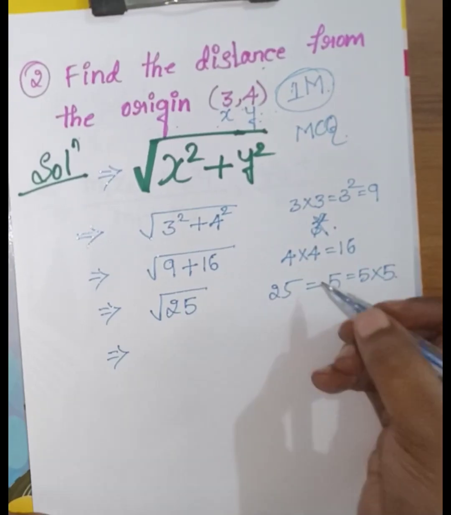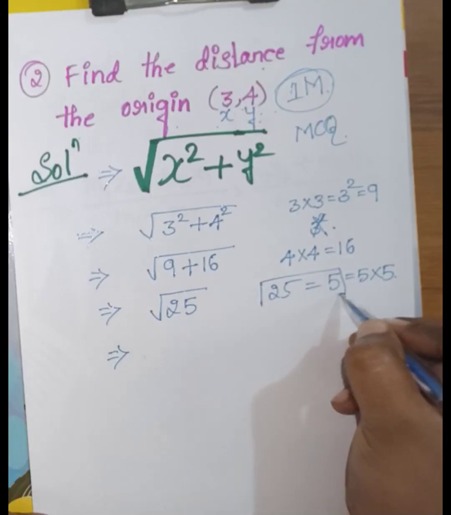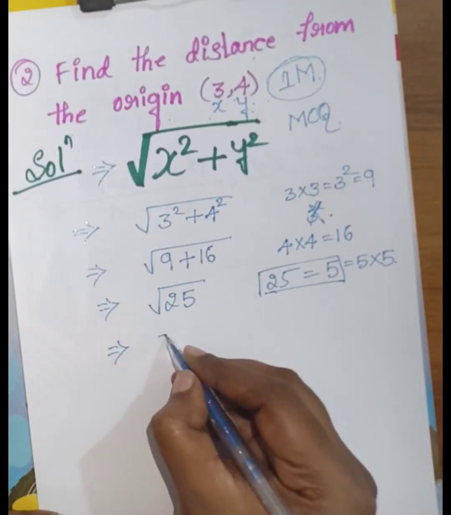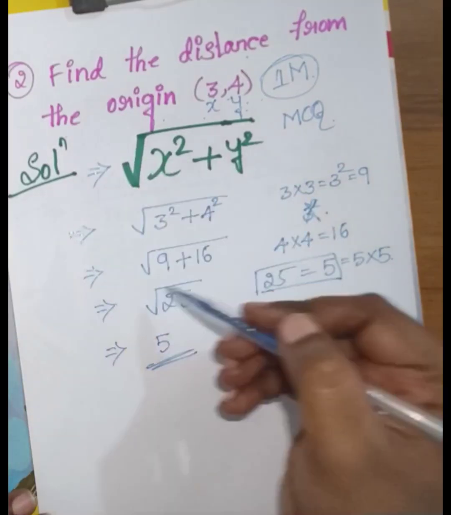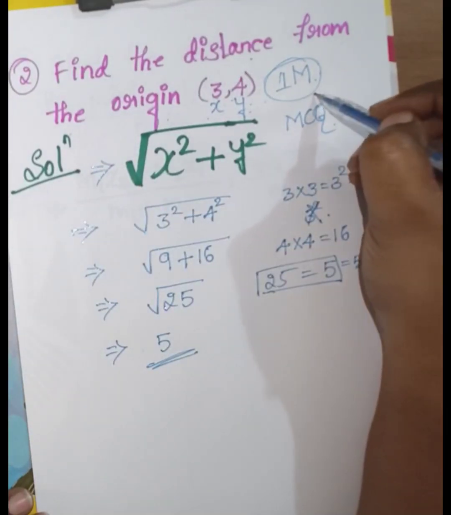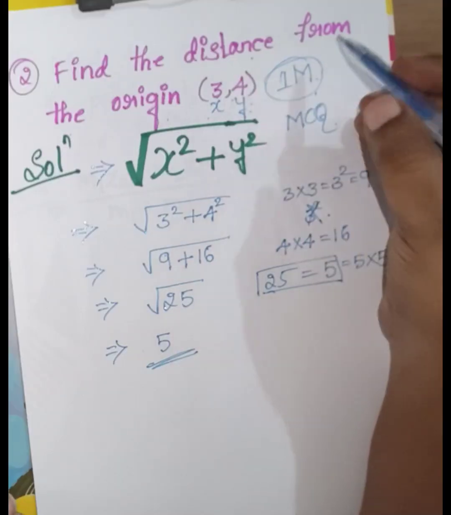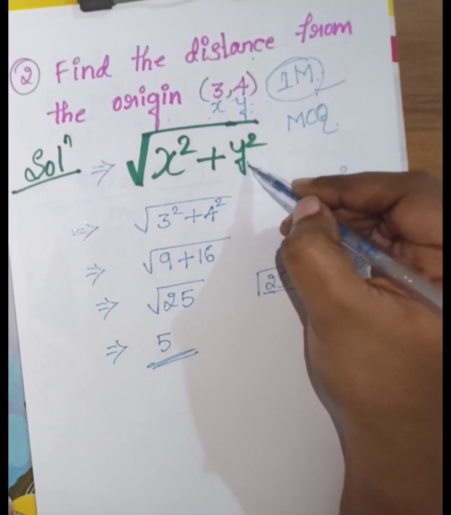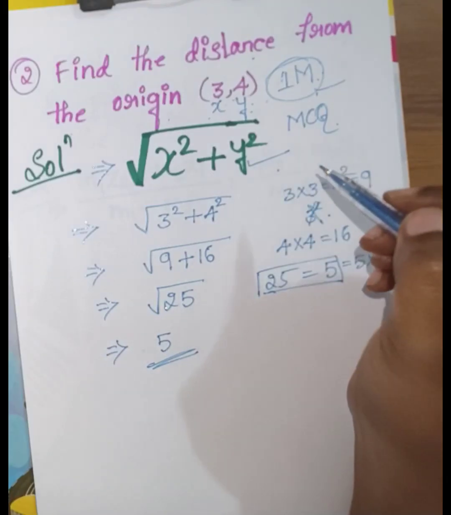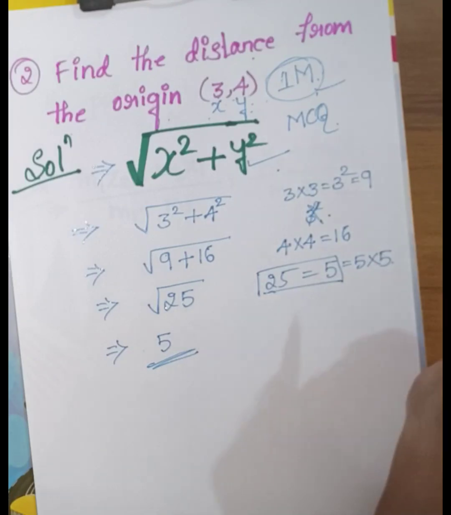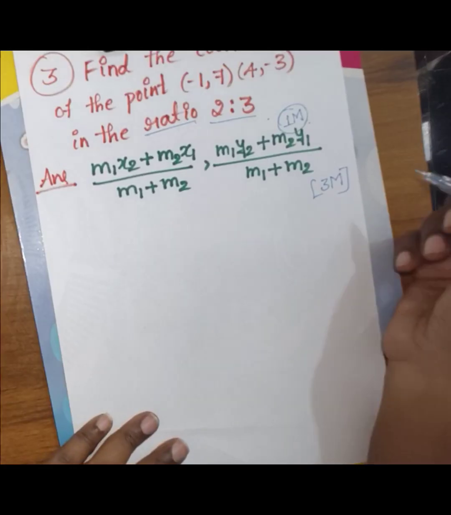So the answer is 5. This question will carry 1 mark. They always ask it in the MCQ. At least remember the formula. If you write the formula, you'll at least get half marks, 1 mark. So always you need to remember the formulas.